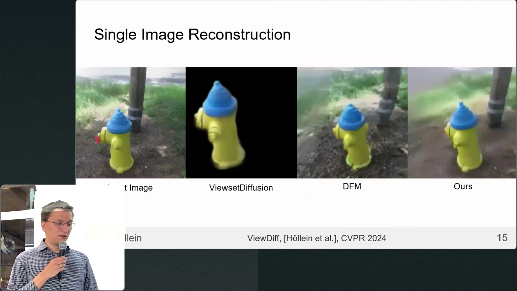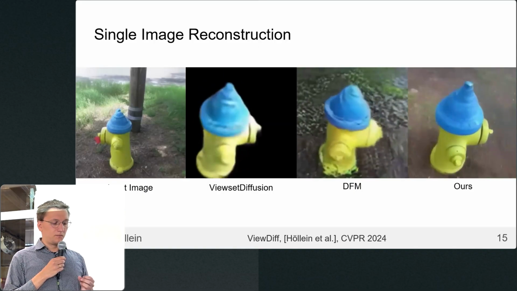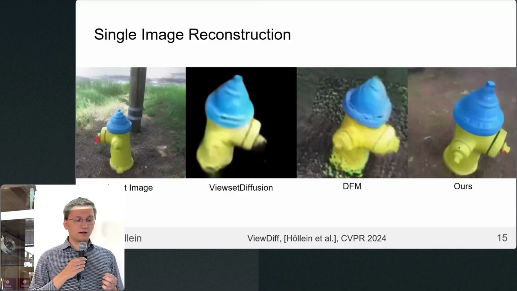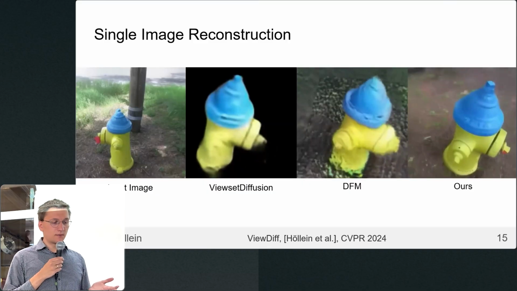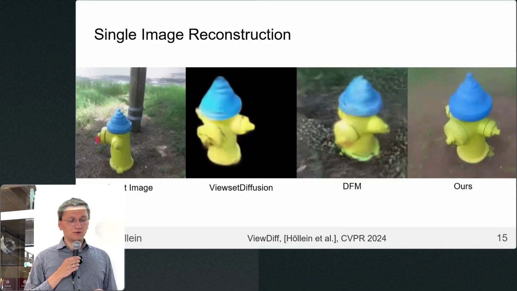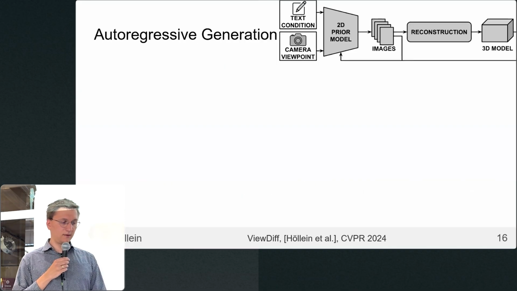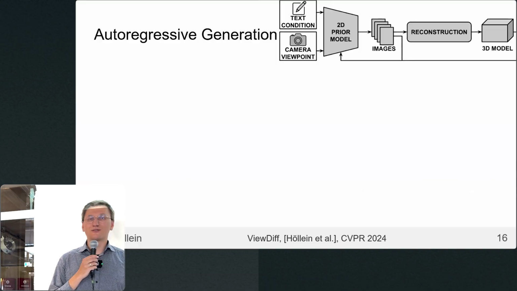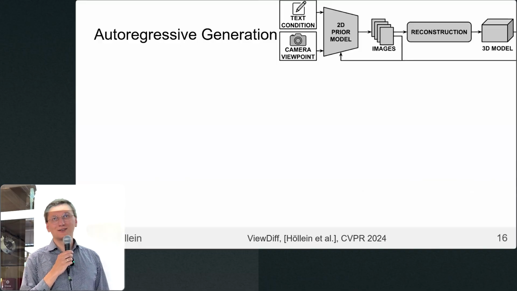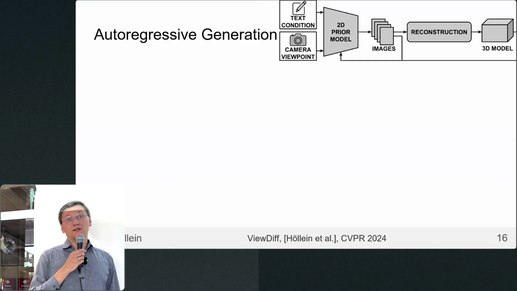And you can see that since ours is a 2D image model, the quality, like the sharpness, is higher and the background is also sharper. And even though it's not a 3D model, we are already able to generate quite consistent 3D frames. And this enables a key ingredient that we leverage later for the scene generation, which is autoregressiveness.